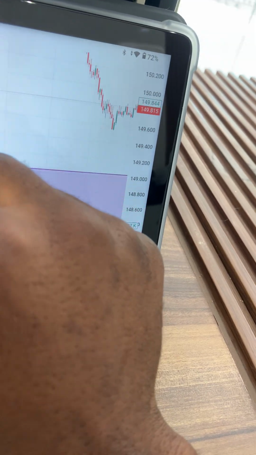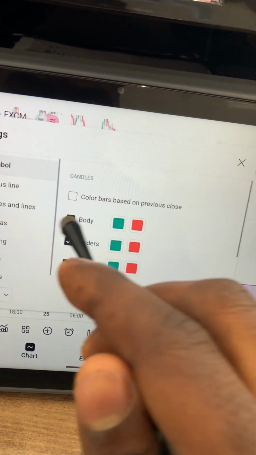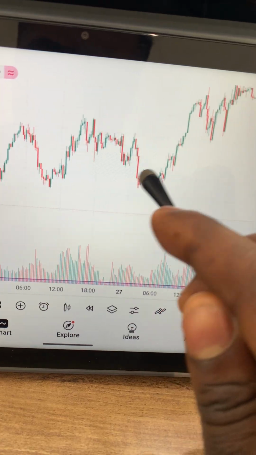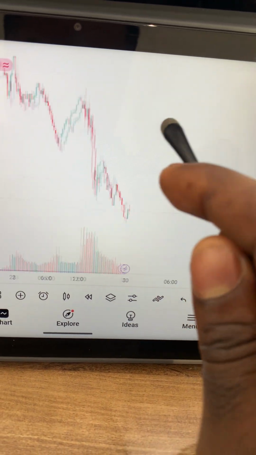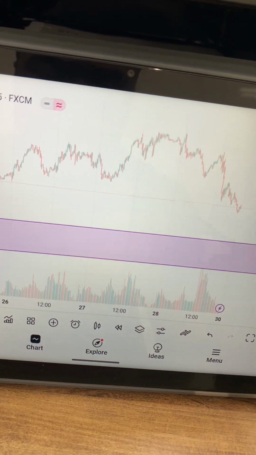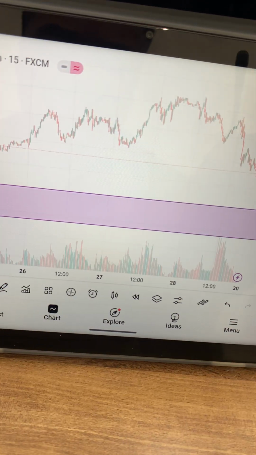Reason being, if you observe price here, we have a lot of liquidity situated here, and we also have a lot of liquidity in the market. So price needs to come down to that zone. This is our golden zone. Price needs to come down here before we expect a buy to the upside.